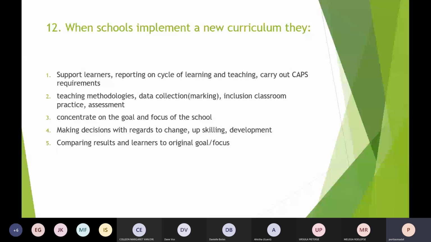All right. So number 2 would be the most suitable answer: your teaching methodologies, data collection, inclusion of classroom practice, and the assessment.